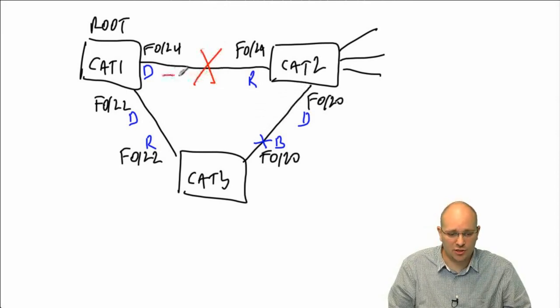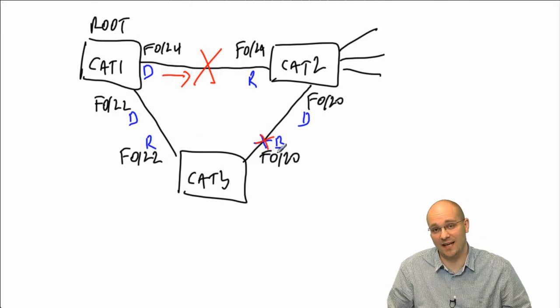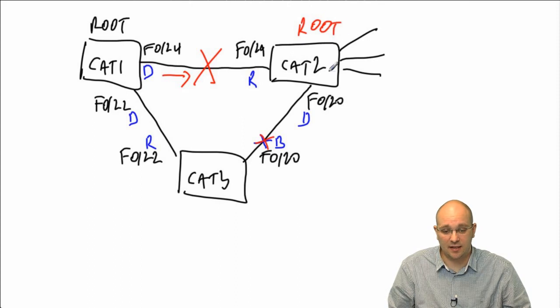Well, because it's no longer receiving BPDU frames from Cat1, and because this here is a blocking port and by definition it doesn't send any BPDU frames, Cat2 now thinks it is the root bridge, which means that this here remains the designated port. But now Cat2 starts sending frames that from Cat3's perspective here are inferior.